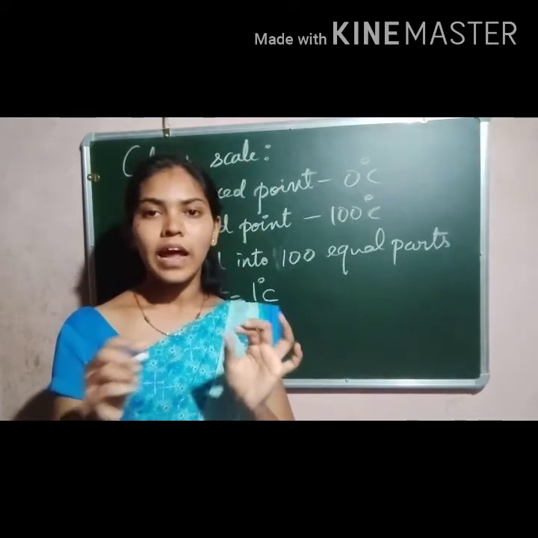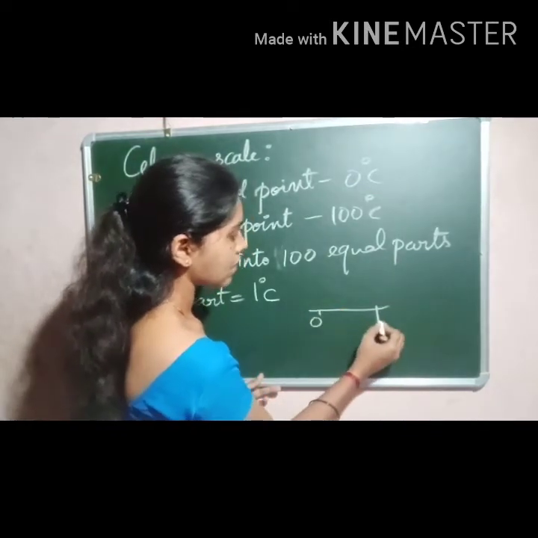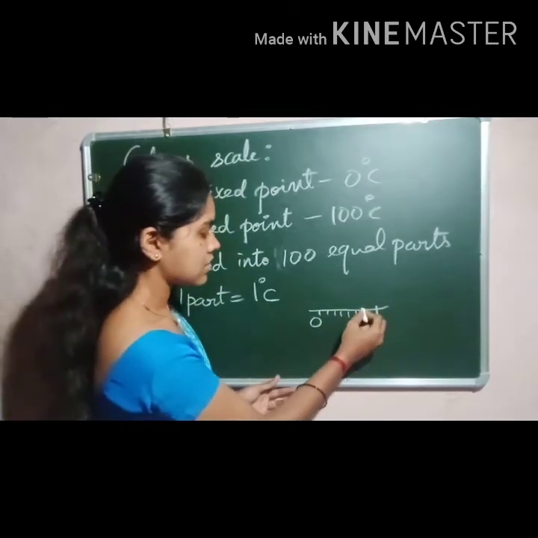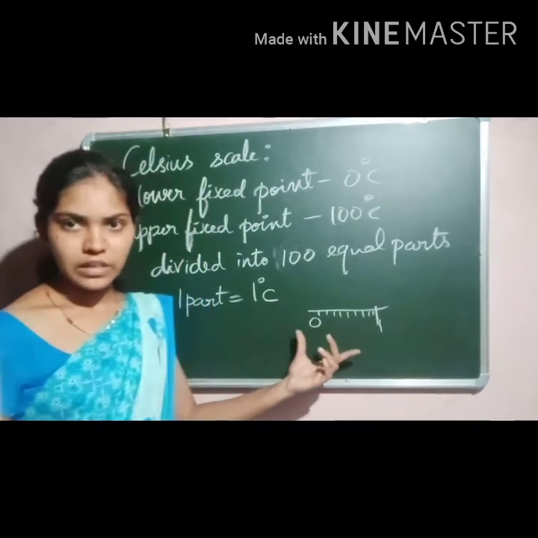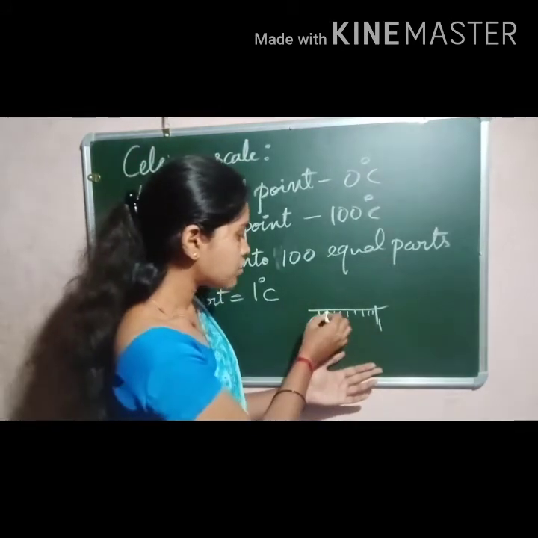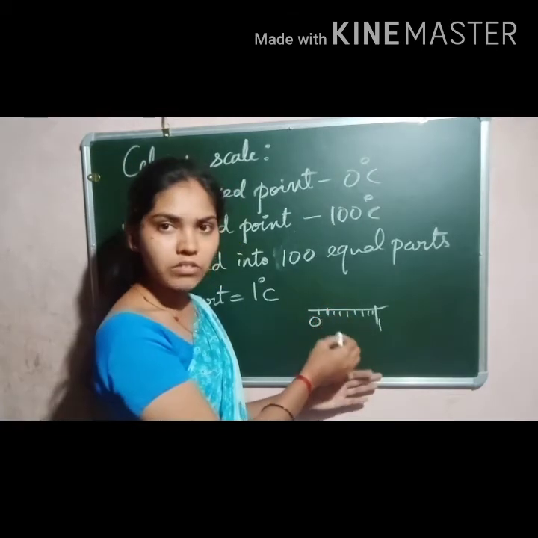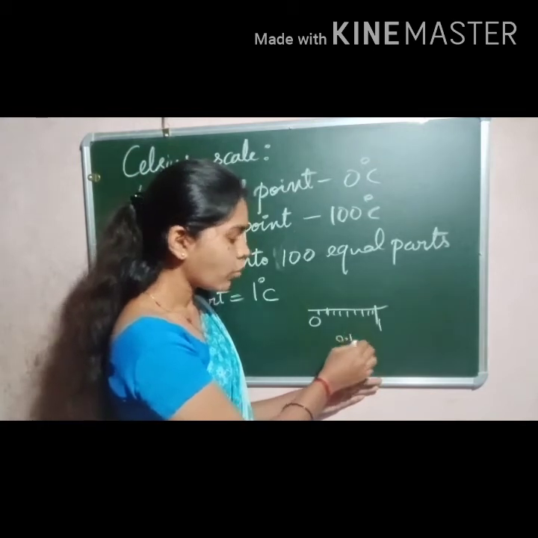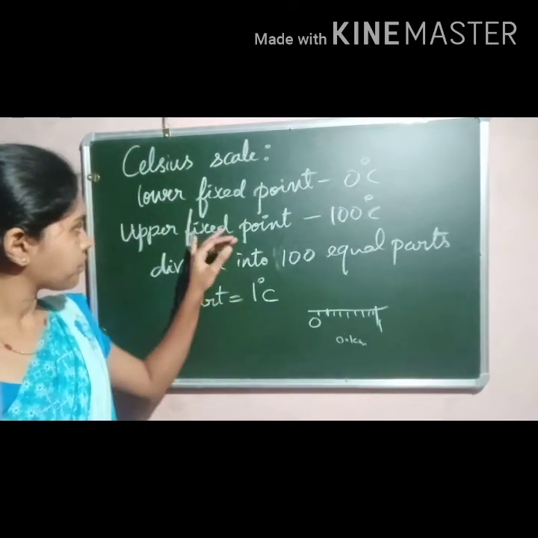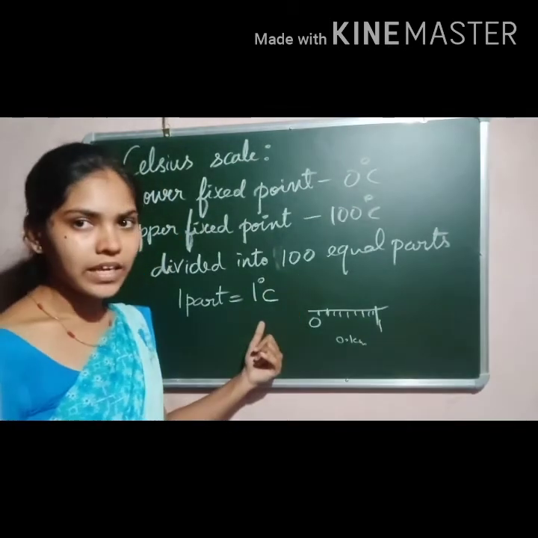If you take the scale and look at 0 and 1, how many equal parts are there? There are 10. Between 0 and 1 there are 10 equal parts, divided equally, and each part is equal to 0.1 centimeter. Like that, here also the Celsius scale is divided into 100 equal parts and one part is equal to 1 degree Celsius.